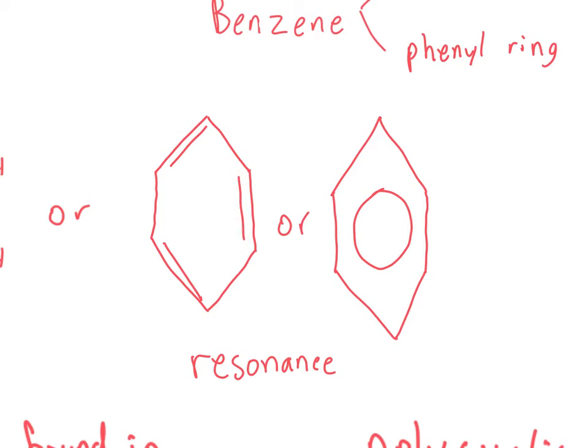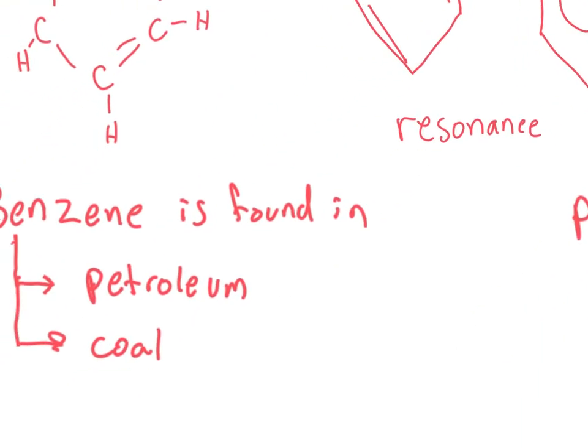As a scientist, we often say it's impossible to pin down where it is at any one point in time. And so that's why the circle shows us that those double bonds are moving around this molecule all the time. And that's basically what that means.